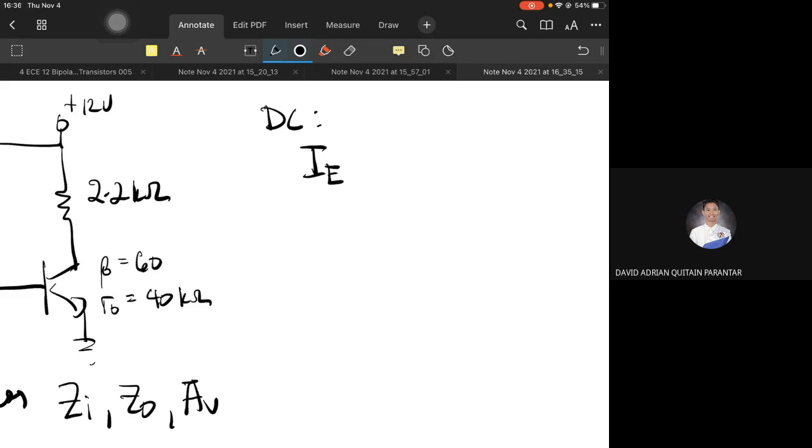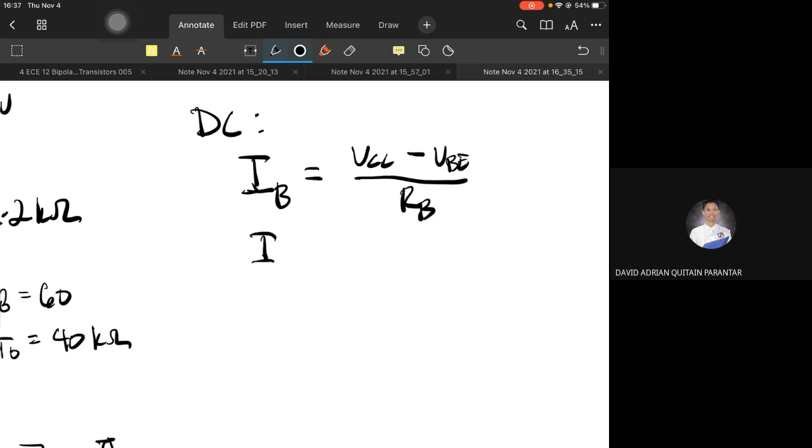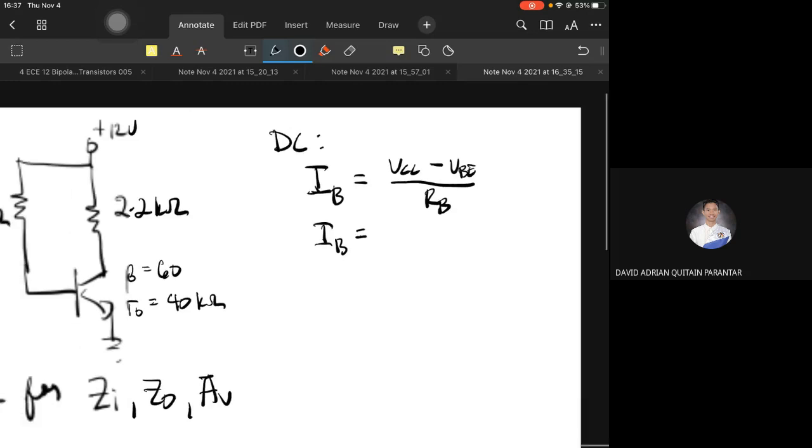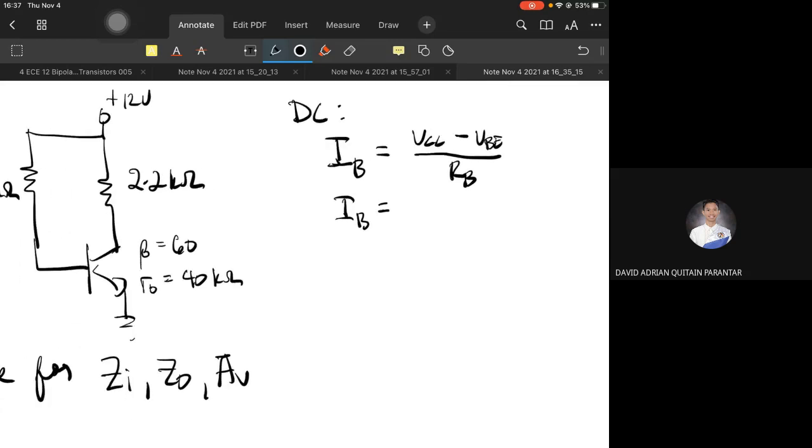So, if you have your summary table with you, pwede na ito ma-directly invoke ang mga formula. For fixed bias, IB is VCC minus VBE over RB. So, di na ito mag-derive. Diretso na ito sa formula.